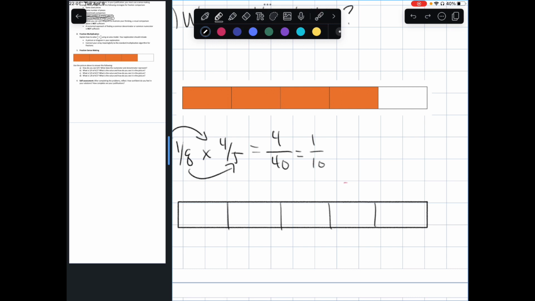Ooh, I don't get that. Let's actually delete all these. Let's try again. So 1, 2, 3, 4, 5. 1, 2, 3, 4, 5, 6, 7.